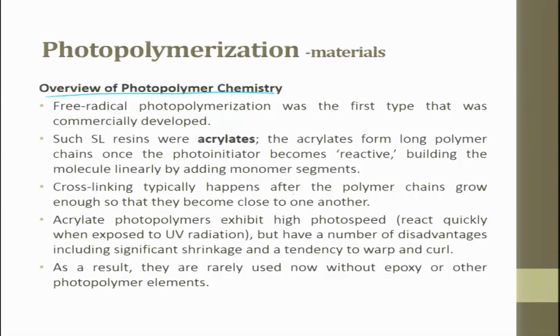Cross-linking typically happens after the polymer chains grow enough that they become close to each other. Acrylate photopolymers exhibit high photo speed but have a number of disadvantages, including significant shrinkage and the tendency to warp and curl. As a result, they are rarely used now without epoxy or other photopolymer elements.